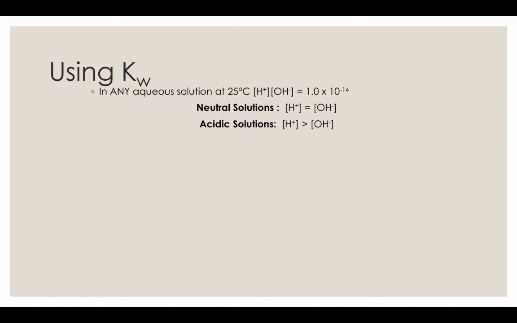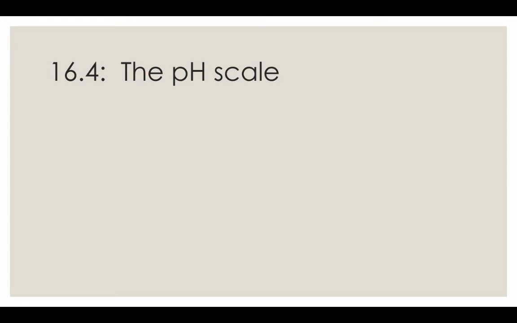However, in acidic solutions, our H+ concentration is higher than our OH- concentration. In basic solutions, our H+ concentration is lower than our OH- concentration. However, in every case, if you multiply these two values together, you'll get 1.0 times 10 to the negative 14th molar. Again, this is only true at 25 degrees Celsius. This forms the basis for the pH scale.